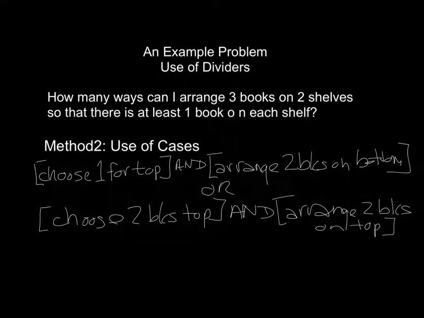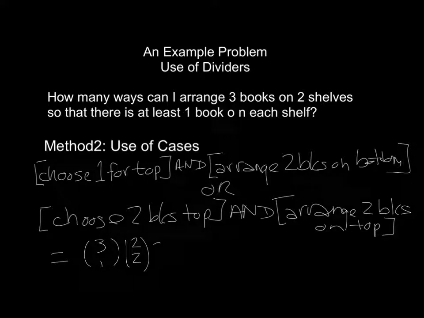And essentially, we're left with 1 book on the bottom, which we don't need to arrange. So, to start with, choose 1 book for the top. So out of 3 books, we have 1 choice. And then we're left with, if you want, you could say from the leftover 2 books, we're going to choose 2 for the bottom shelf, and then we need to arrange those.